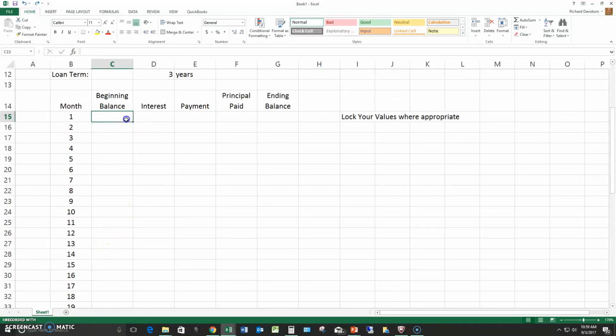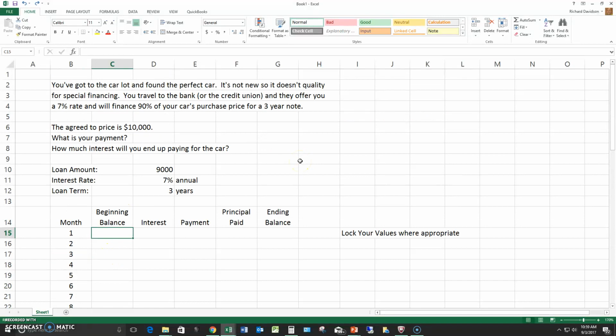All right. So our beginning balance is our initial loan amount. For the first month, we have to go up and reference that in our data header at 9,000. And all I did was hit the plus key to tell Excel we're going to do a calculation and reference cell D10. So now the beginning balance is D10.